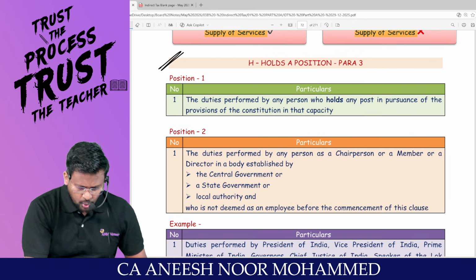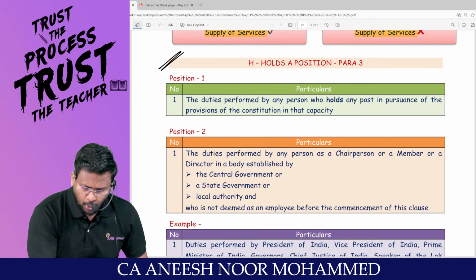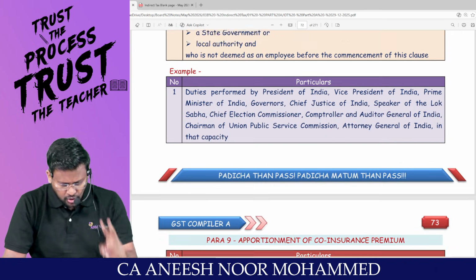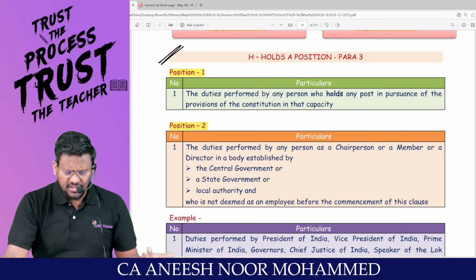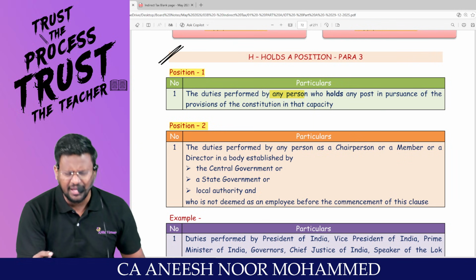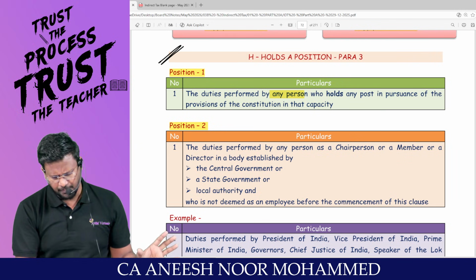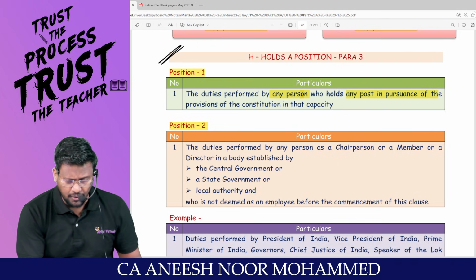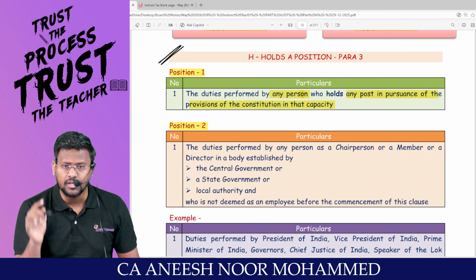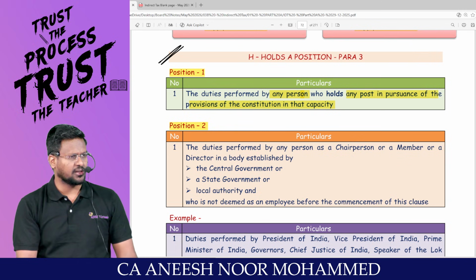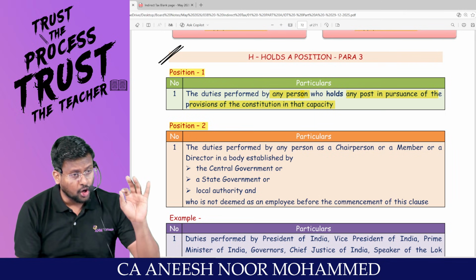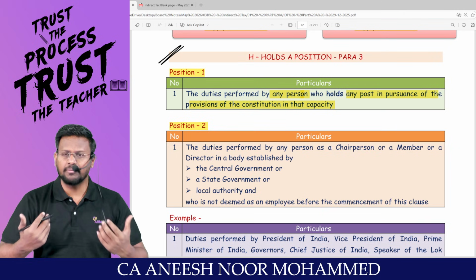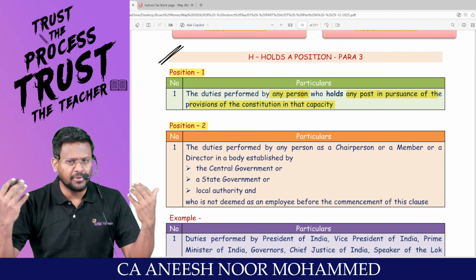Sir, there are two things to be discussed: position number 1 and position number 2. By holding a position, you will provide 2 services. For example, duties performed by any person who holds any post in pursuance of the provisions of the Constitution, in that capacity. For example, because of the Constitution of India, I am the governor, I am the prime minister, I am the chief minister, I am the election commission head.